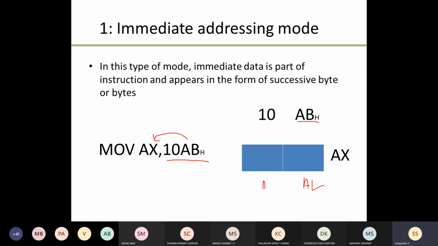In AH the higher byte will be saved, and in AL the lower byte will be saved. So you give the data directly and it goes into that particular register. This is called immediate addressing mode, and the data can be 8-bit or 16-bit.